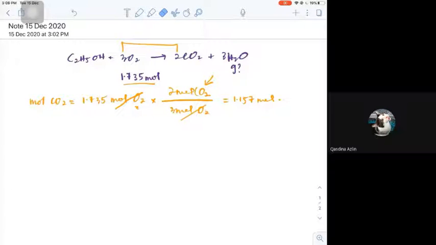What is the mass of the H2O formed in gram if I have 1.735 mole of O2? Look at the question. 0.096? Saya belum tanya jawapan lagi. Saya tanya apa desired unit, apa yang kita nak. Mass for H2O.